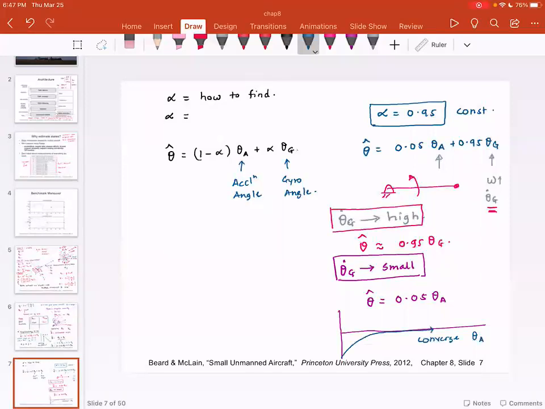Because at that time, your theta g is going to be 0. So even though you have 0.95, it's multiplied by 0, but you have theta a, that accelerometer, it will continuously get accumulated. And because of this accumulation action, your theta will gradually go towards the angle that is measured by accelerometer. Now this all is happening when alpha is constant.